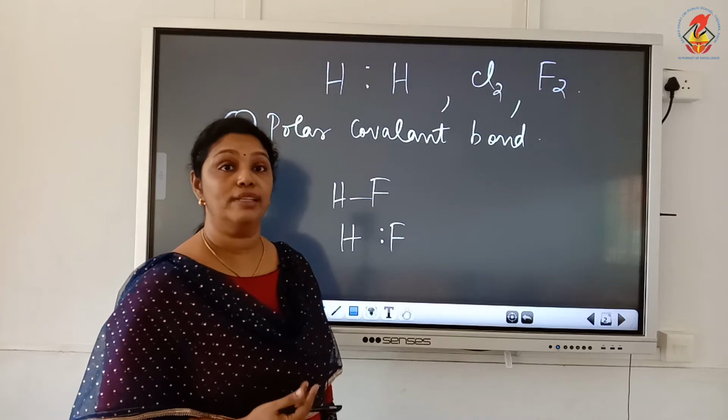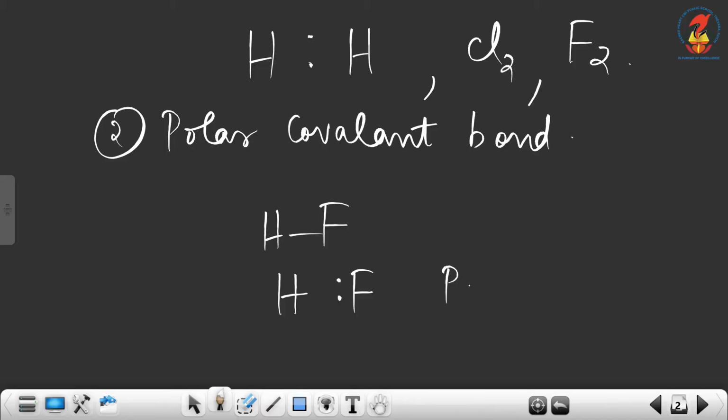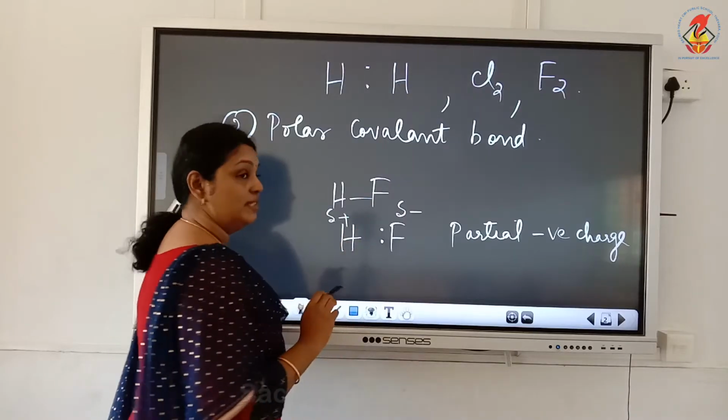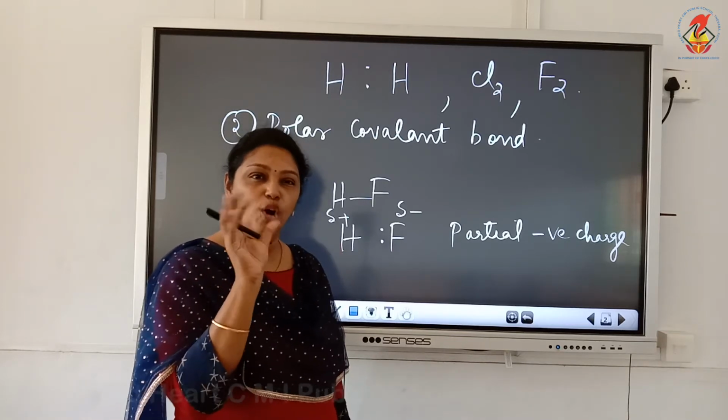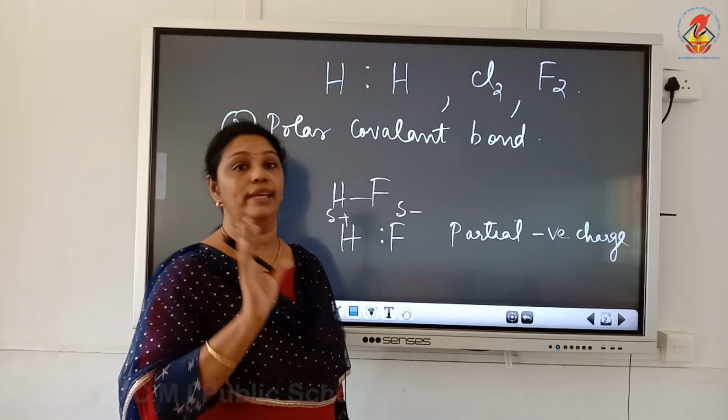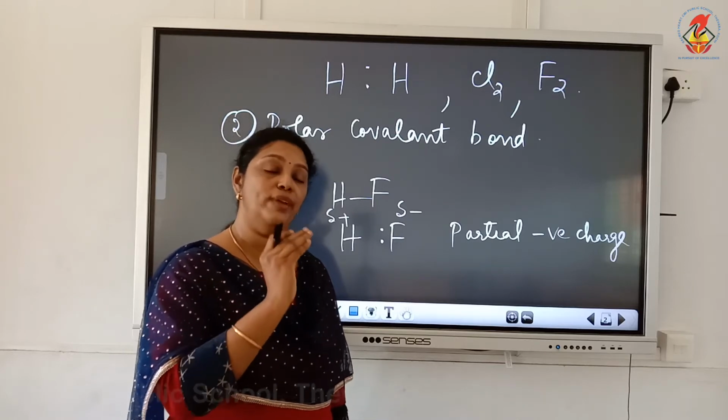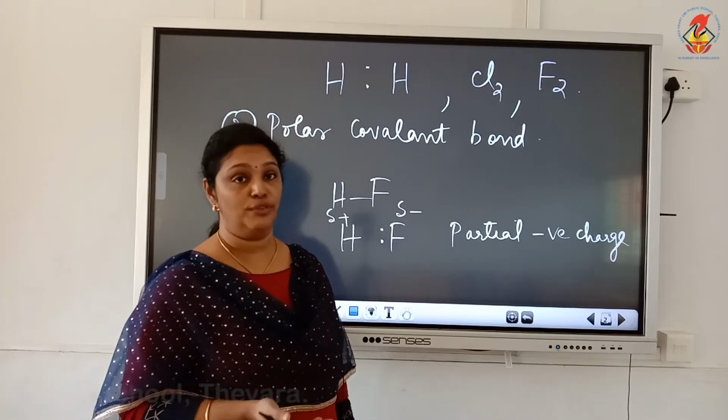As a result, fluorine gets a partial negative charge, denoted as delta minus, and hydrogen gets a partial positive charge, a small positive charge and a small negative charge, because the electron is moving away from hydrogen towards fluorine.